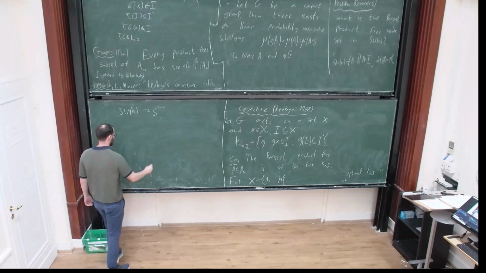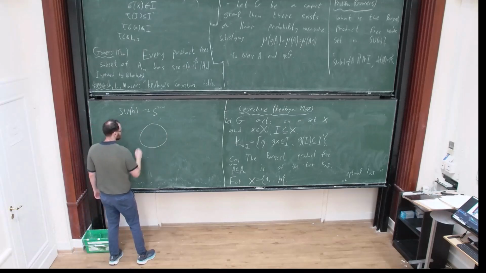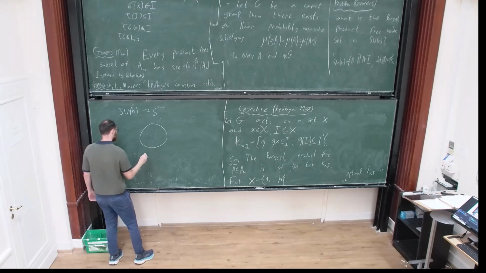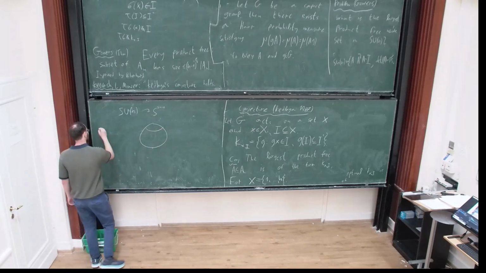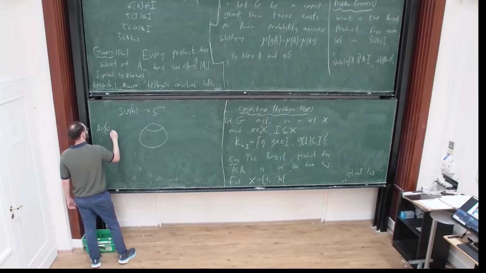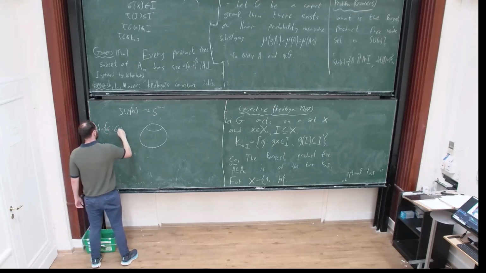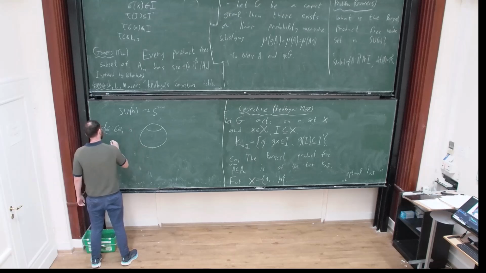And then you can take all the elements that send the north pole close to the south pole. So you can take A to be the set of elements sigma such that sigma of e1 is close to minus e1.